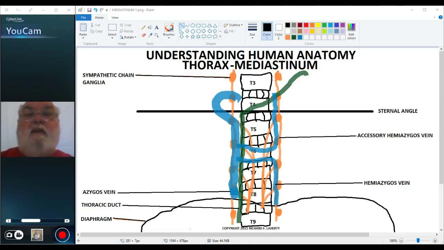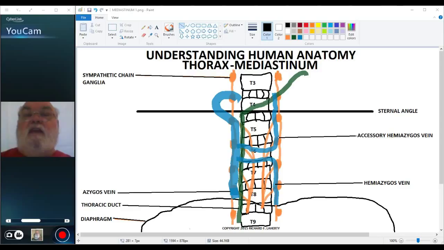The accessory hemiazygos receives the intercostal veins from T4 down to about T6 or T7. And both the accessory hemiazygos and the hemiazygos veins cross the midline to drain into the azygos vein. Sometimes the hemiazygos and the accessory hemiazygos meet end to end, and there's only one vessel crossing the midline.